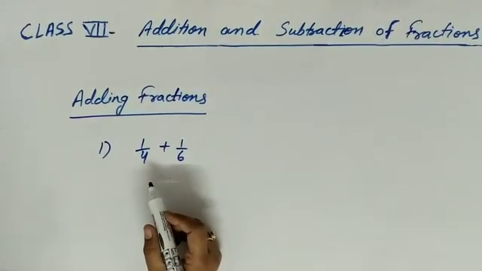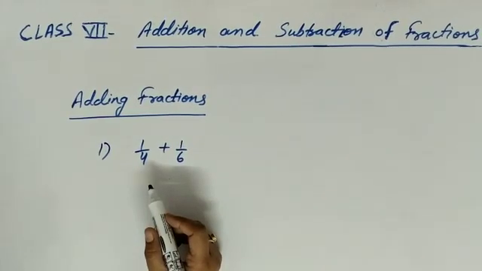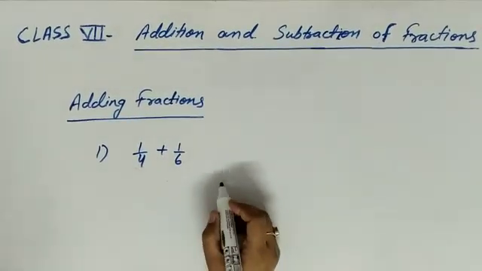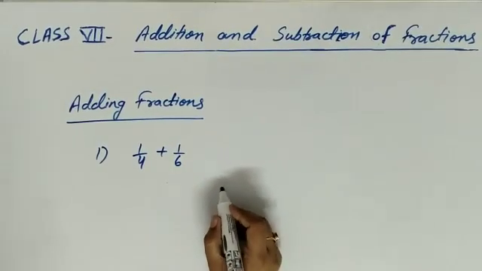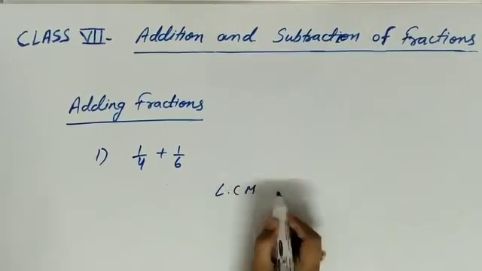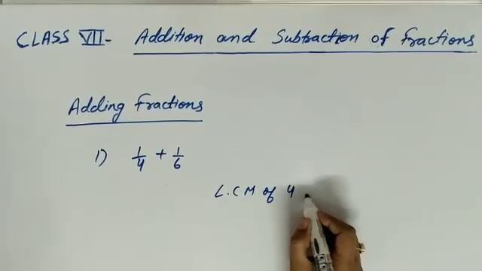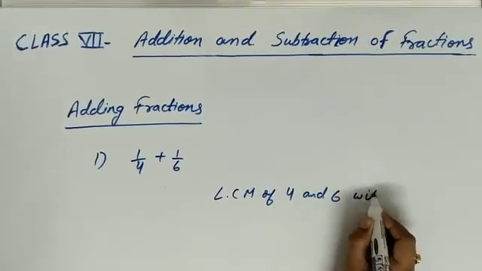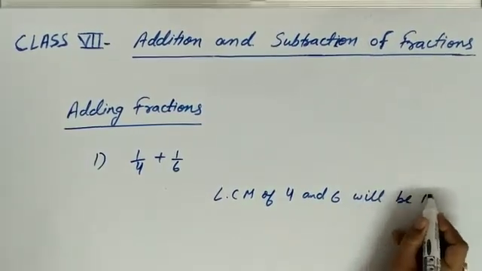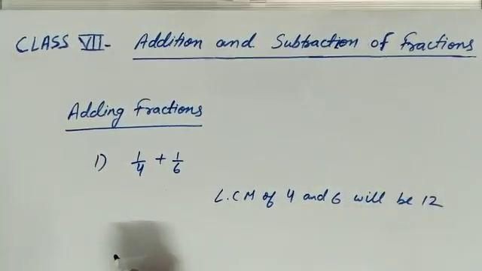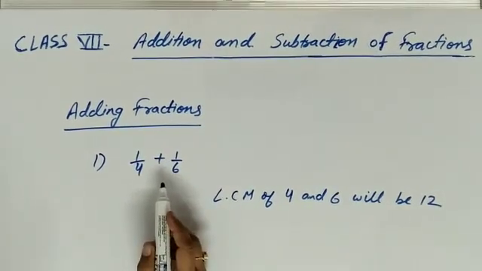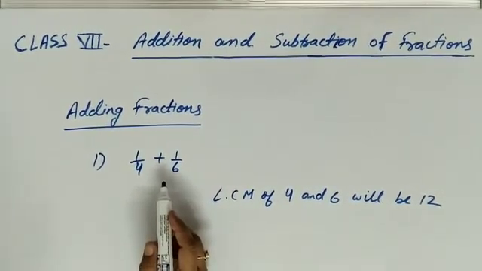We will take the LCM of the denominators. The LCM of 4 and 6 will be 12.